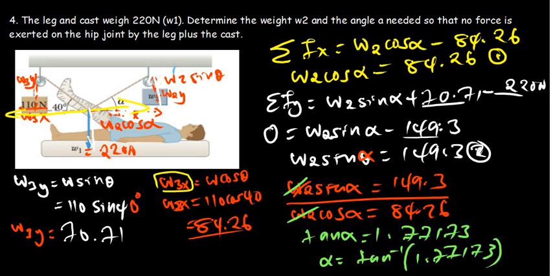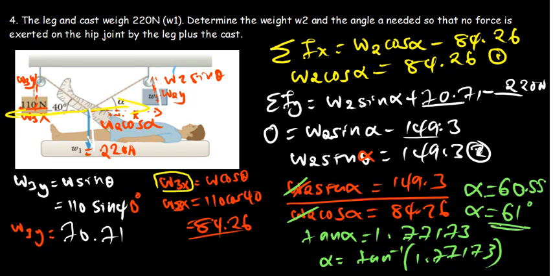So our alpha is going to be, I say shift tan 1.77173. I'm getting 60.55655, which is the same as alpha equal to 61 degrees.